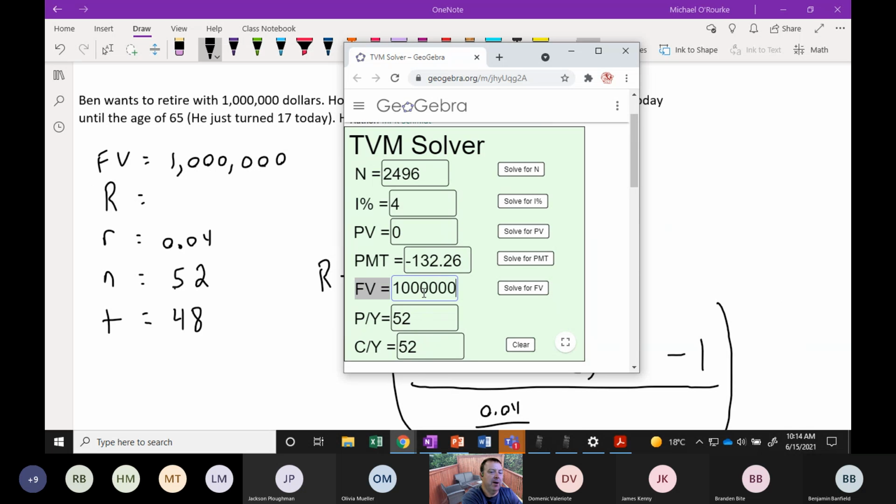My future value that I want is $1 million, which I wrote in there. My present value at the very start was 0 since I had nothing in the bank account. I had a 4% interest rate. And my end value there is T times N, my time times my number of times per year. So 48 times 52 gave me that number. Then I just solve for my payment by clicking the button right there. Does that make sense to you, Yosan, on the TVM solver?